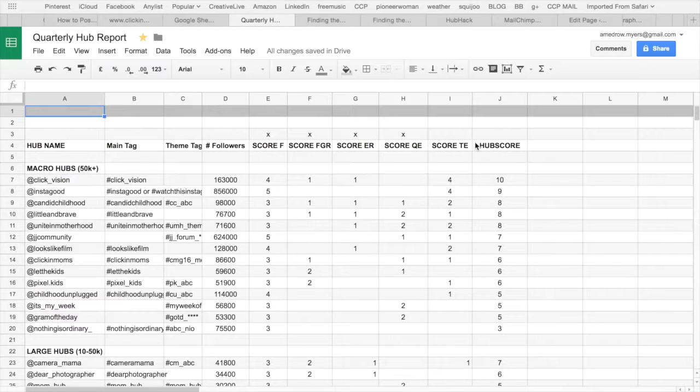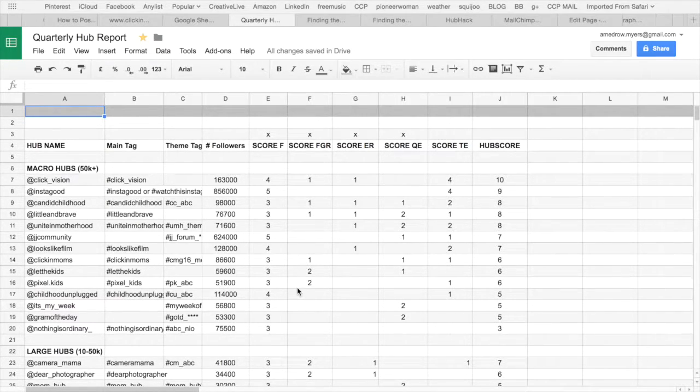Here, there's actually 5 different scores that go into the hub score, and how I award points to hubs for meeting certain metrics. So the first one is a score for number of followers. Obviously, the largest hubs have hundreds of thousands of followers, so you do get a score for that.